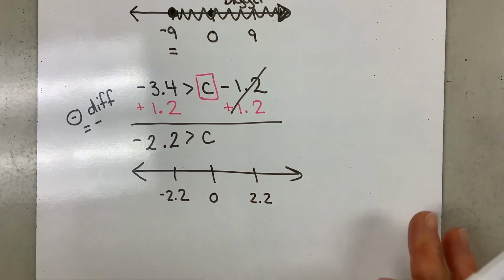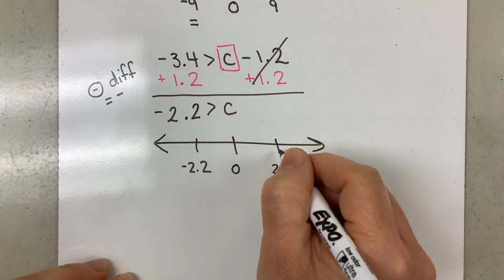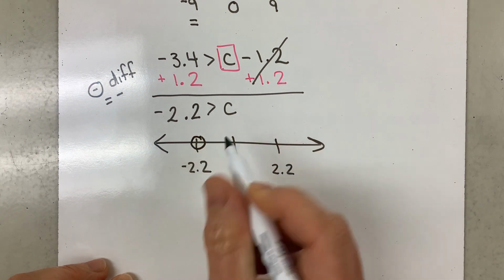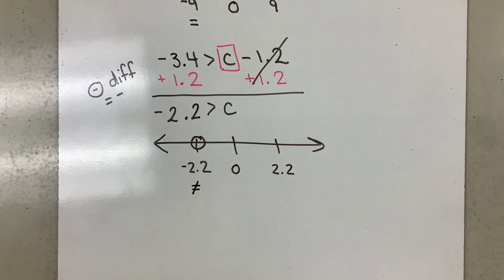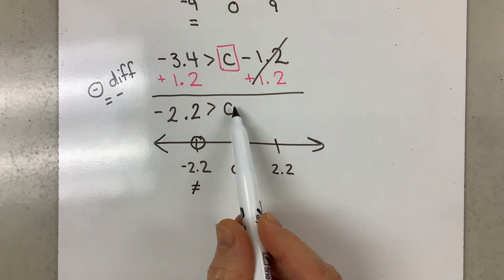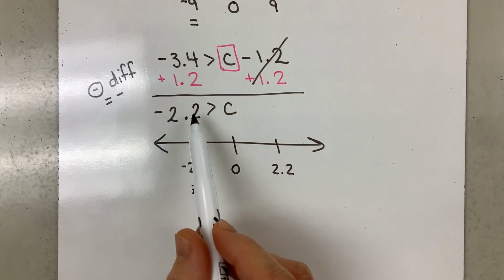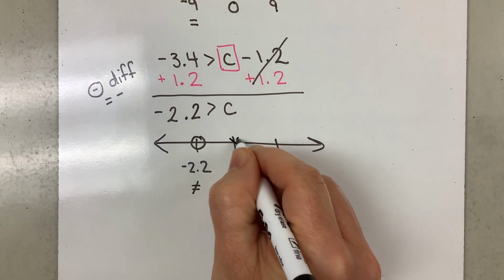Now, do we want an open circle or a closed circle? Correct. We are going to have an open circle at the negative 2.2 because it is not equal to 2.2. It's just around it. Now, if I was to plug in 0, is 0 smaller than negative 2.2? And no, it is not.